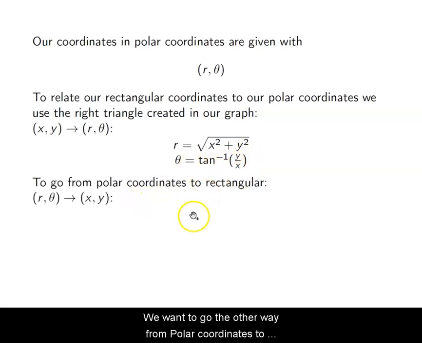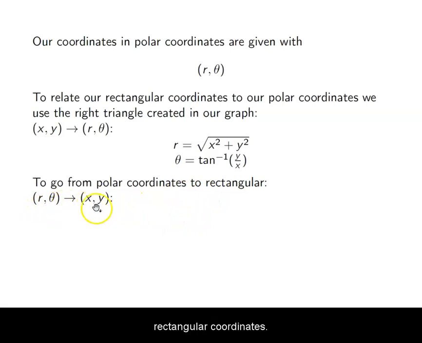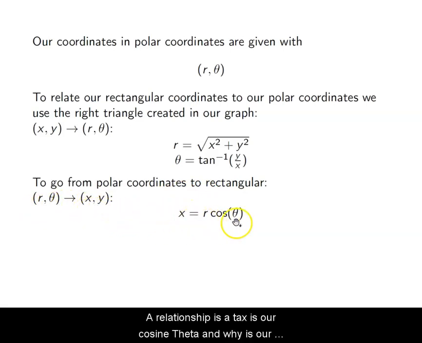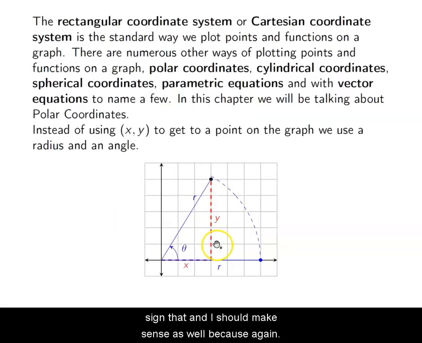If we want to go the other way, from polar coordinates to rectangular coordinates, the relationship is that x is r cosine theta and y is r sine theta. And that should make sense as well because, again, we have our triangle, right? This is why trig is so important, because it's everywhere. So this radius is a length of r. It's not a unit value, right?